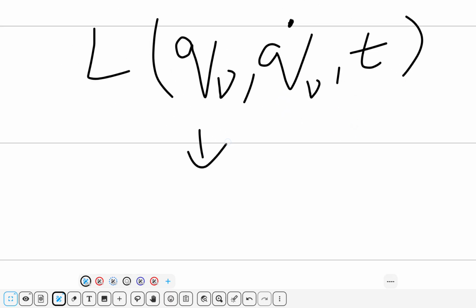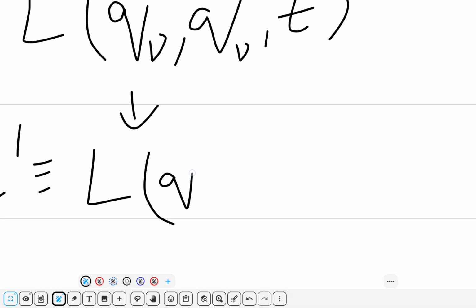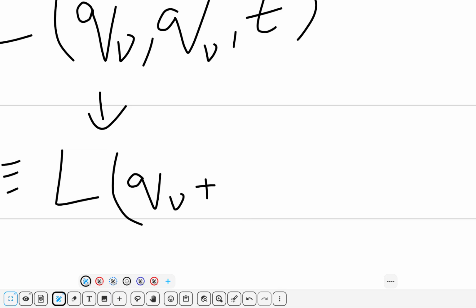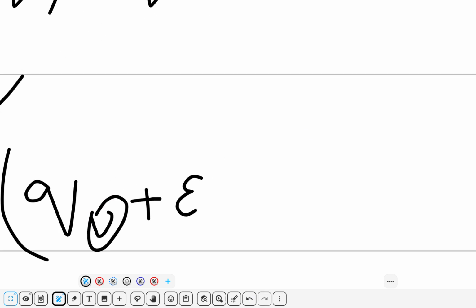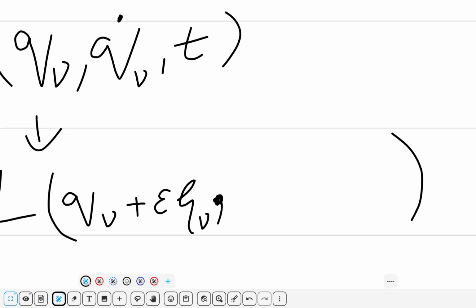Now L dash has the same rules as the old Lagrangian, but with each coordinate translated slightly, this one by this amount and the other by this.